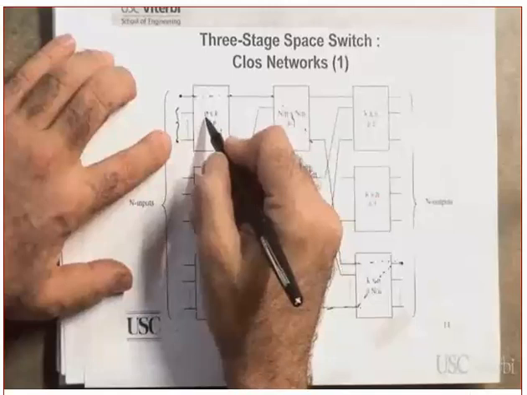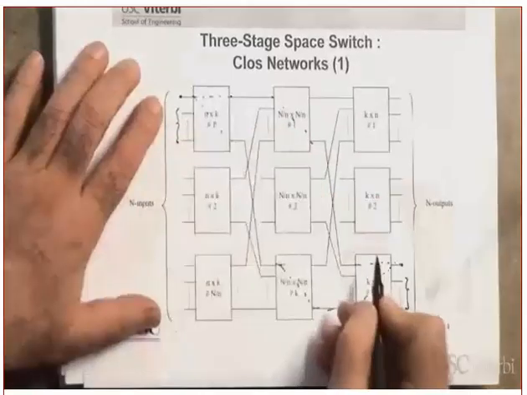Now, in the middle stage, how many units do I have? K units, and each one of them is N over n by N over n, which is this one. And you get this. Now, if you substitute 2n minus 1 in place of K, you end up with this.